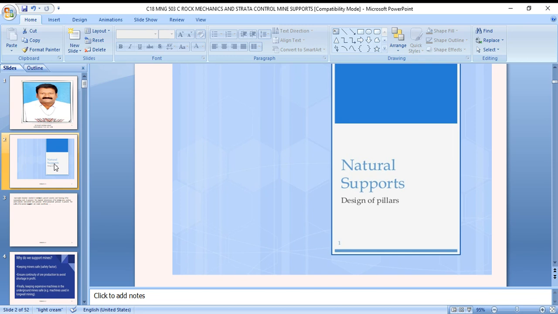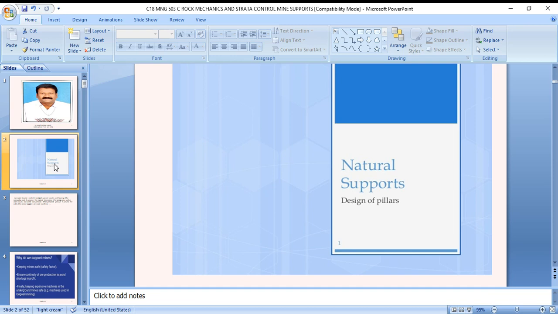So we well know from the pressure arch theory the separation and the load acting on the immediate roof. Zone 1 is the bed separation zone, and zone 2 has no bed separation. The overall pressure on the coal pillar is also transmitted to the floor of the coal.